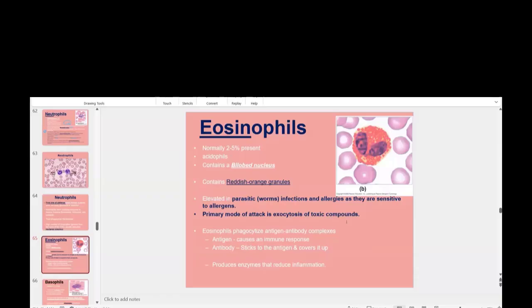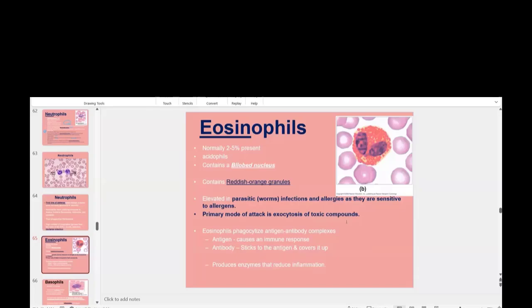They trigger this immune response, and they jump into the warfare to destroy the parasitic worms. And they do this by a mechanism called exocytosis, where they'll try to burst open those vesicles and attack the parasite.